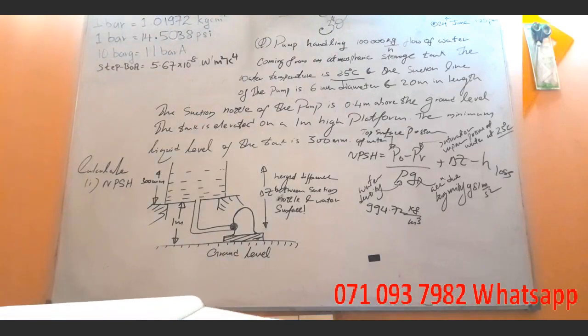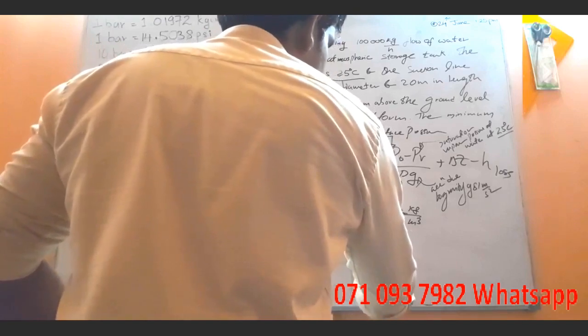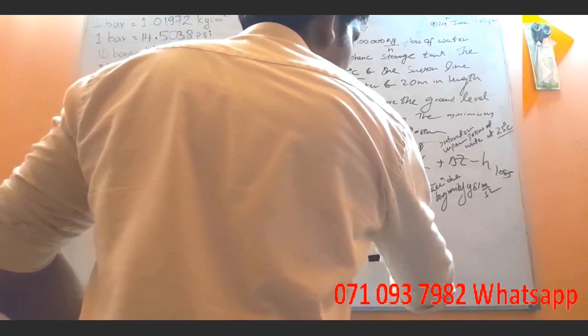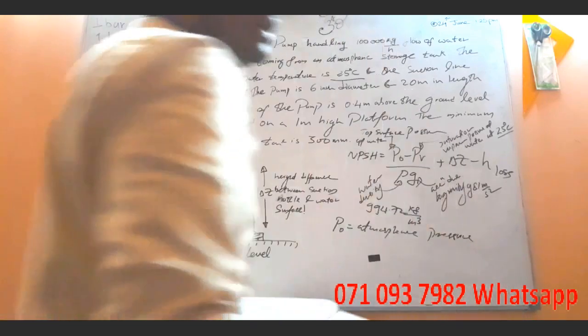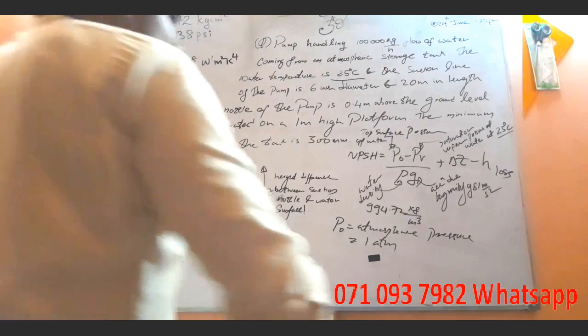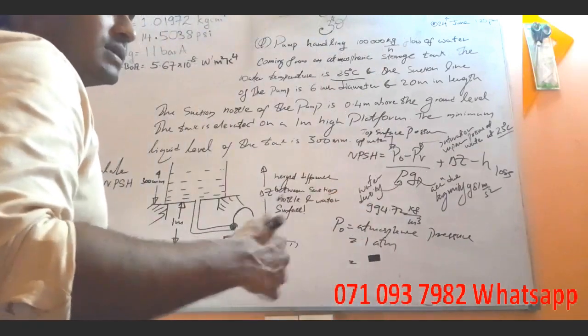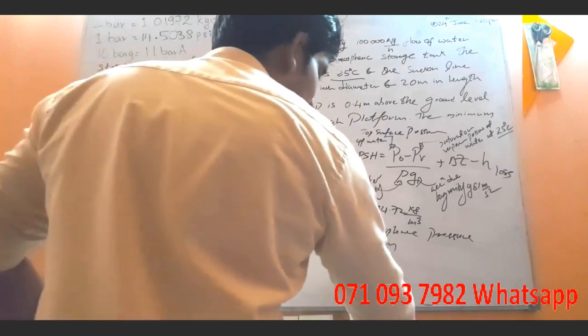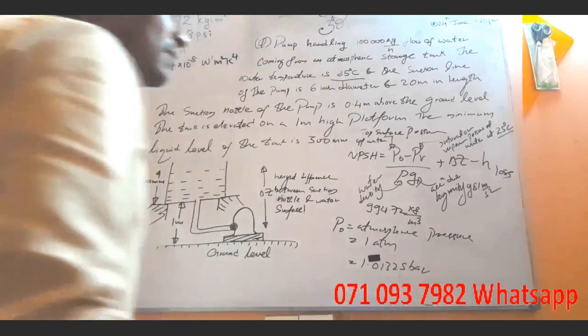What is P naught? P naught is the atmospheric pressure, 1 atm. 1 atm is not 1 bar, so be very careful about the conversion. It is 1.01325 bar.